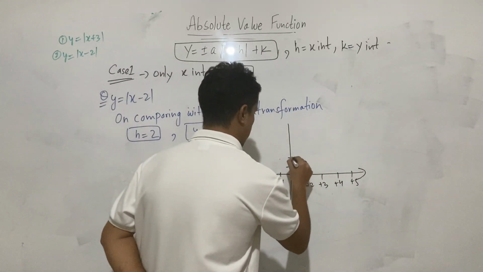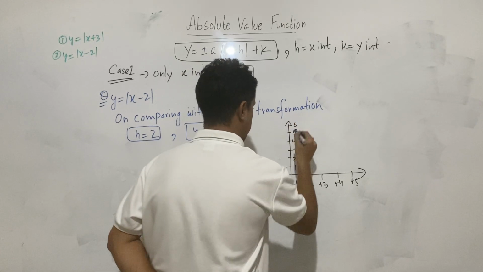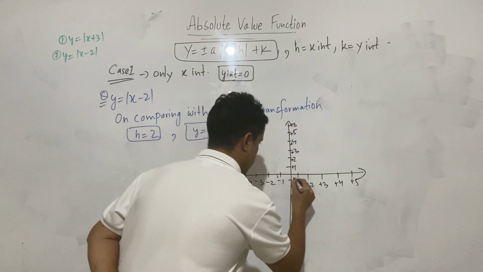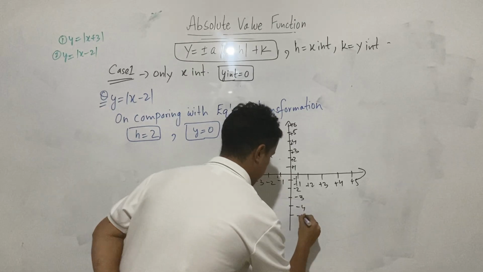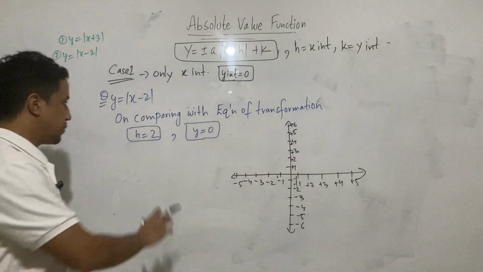This side +1, 2, 3, 4, 5, 6, positive. This side -4, -5, -6.